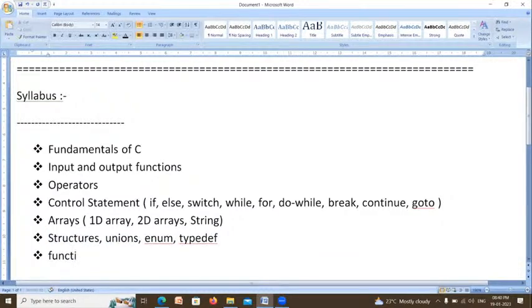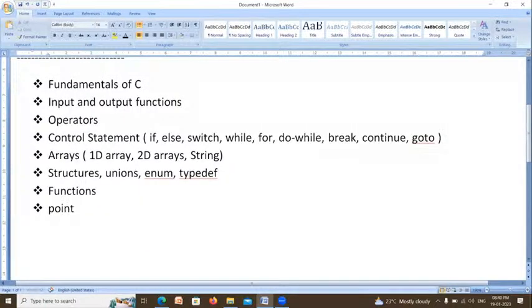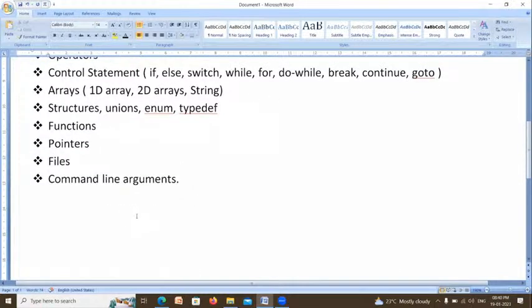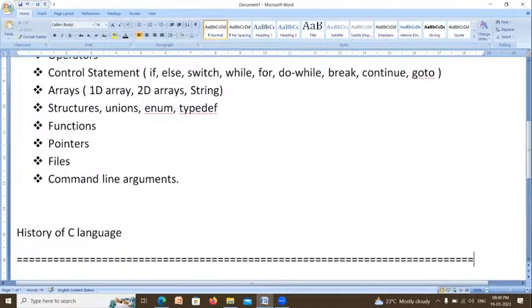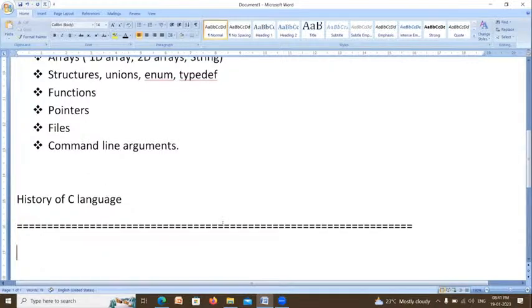Then I will explain functions, then pointers, files, and command line arguments. These are the topics I am going to explain. Today I will explain the history of C language.